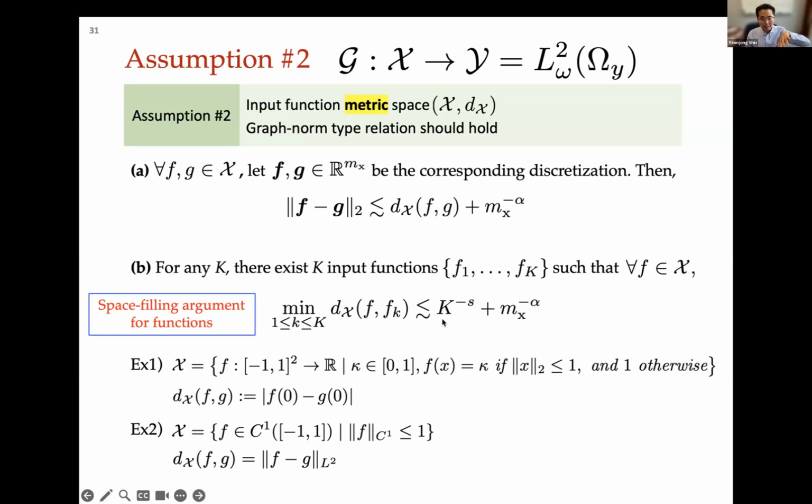And S, it depends on what your X is. So H1 or H something. For example, in this example 1, which is the constant function case, I think S is equal to 1. And in the example 2 case, it actually depends on MX.